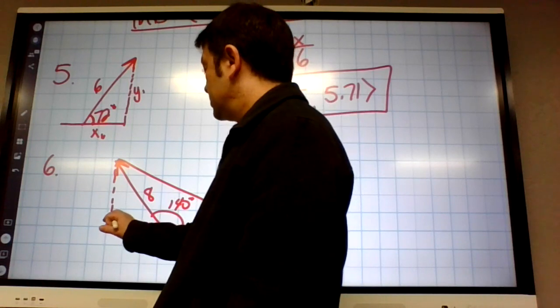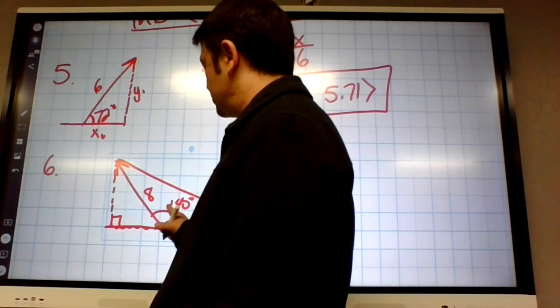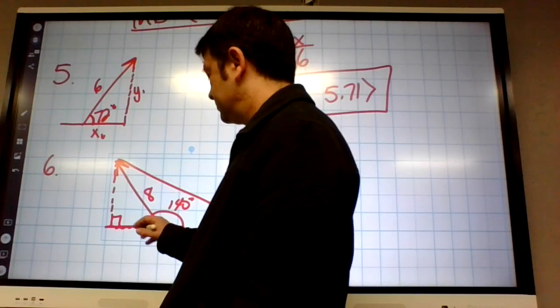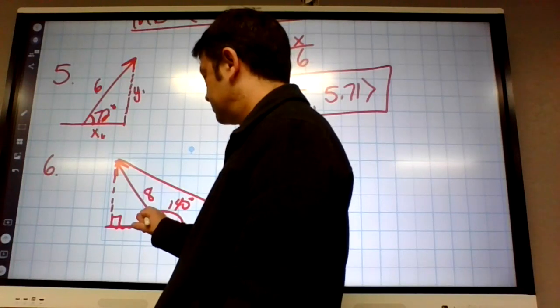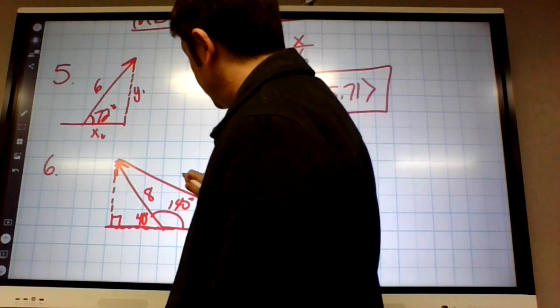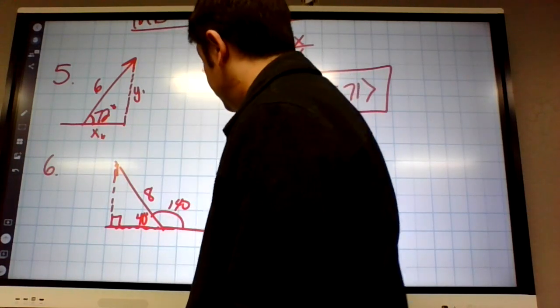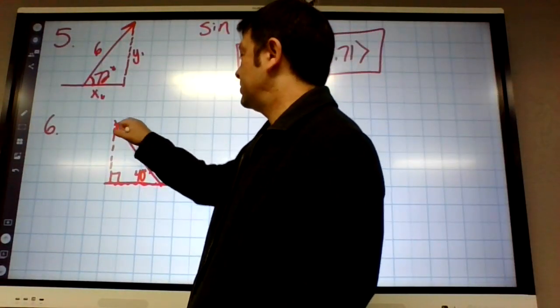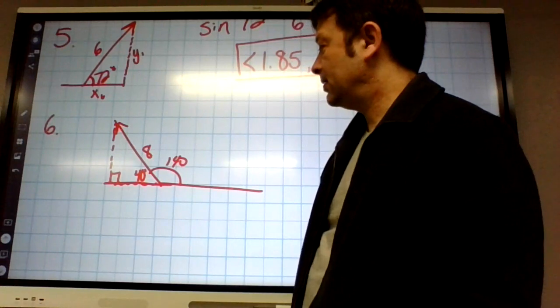Okay, so if this is 140, what's this one right here going to be? 40. We don't really need all this triangle stuff, I shouldn't have drawn that. So it looks more like this, yeah.